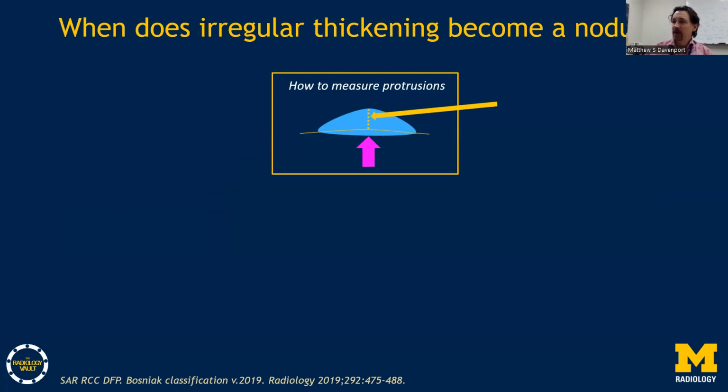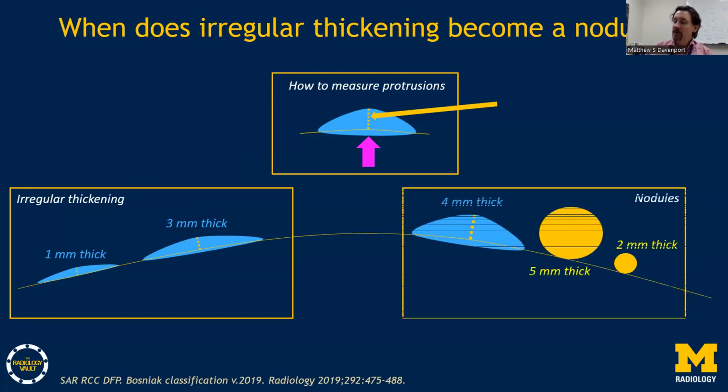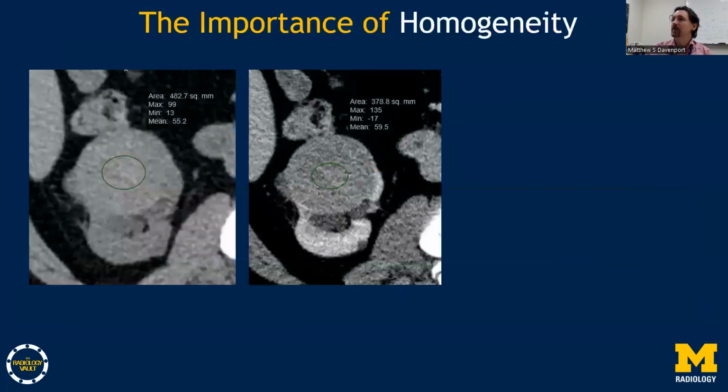And we're not going to measure that underneath portion right there. This is irregular thickening. So it's 3 millimeters, 2 millimeters, 1 millimeter with obtuse margins. And these are nodules, 4 millimeters or more thick, and anything with an acutely angulated margin. If it has a nodule, it's Bosniak 4. If it's irregularly thick, it's Bosniak 3.